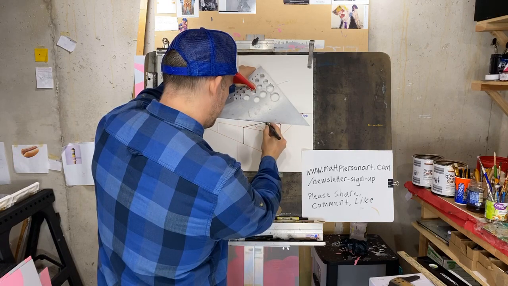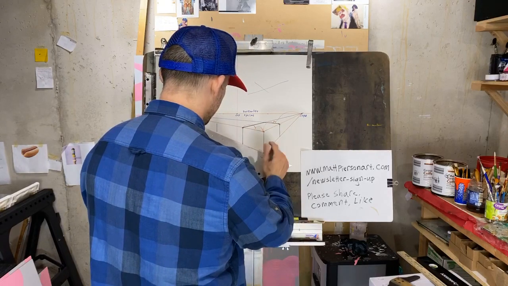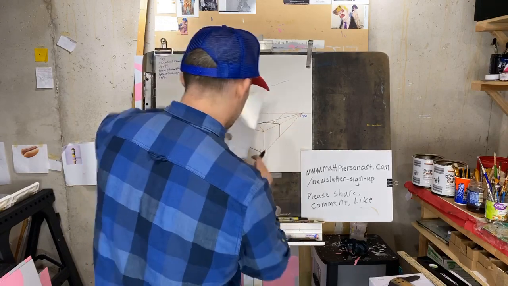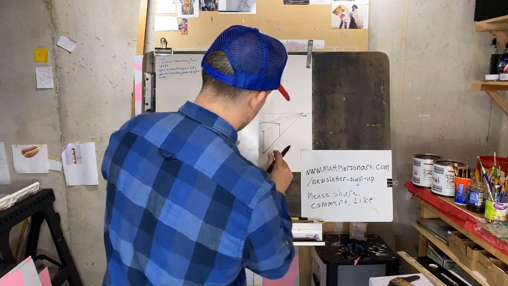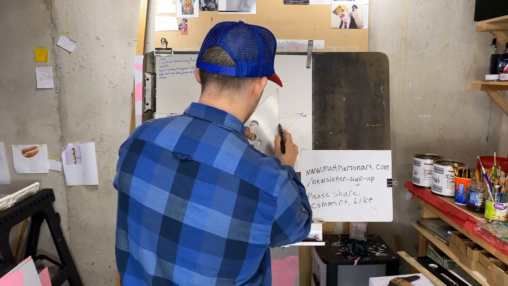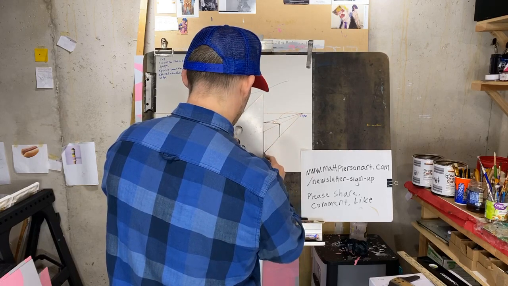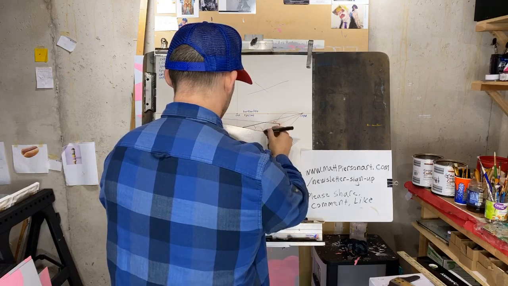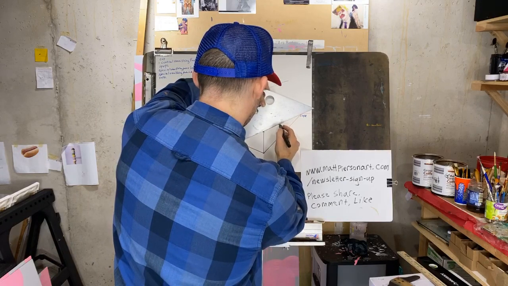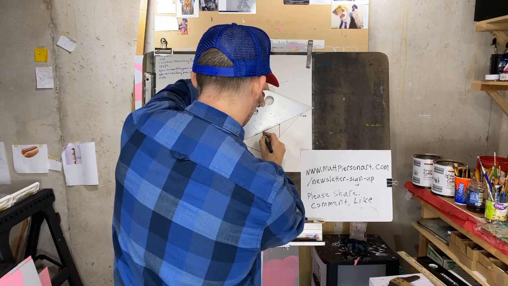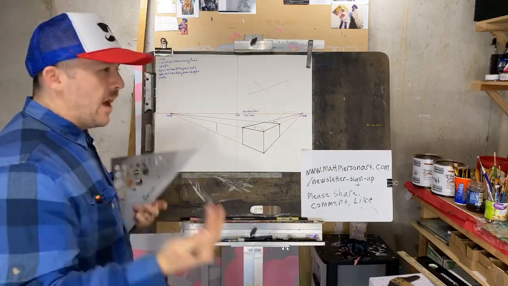I'm just making sure that I got the shape all correct. So now we have our shape, okay? So how do we do that again?